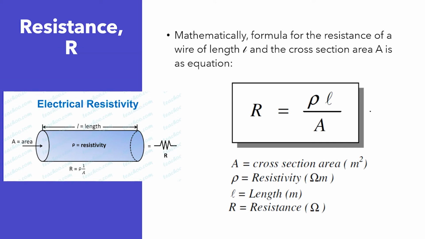Mathematically, the formula for the resistance of a wire of length L and cross-section area A is the equation R equal to rho times L divided by A, whereas A, the cross-section area, has units meter square, rho resistivity ohmmeter, L the length in meter, R resistance unit is ohm.